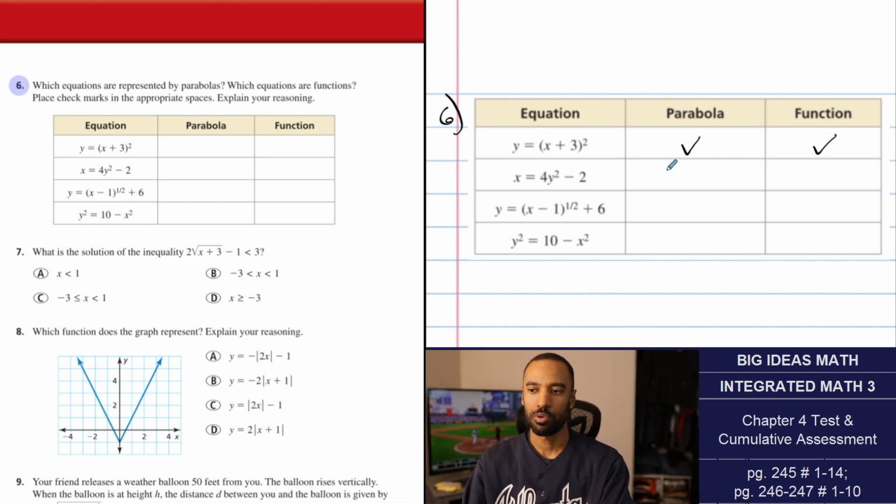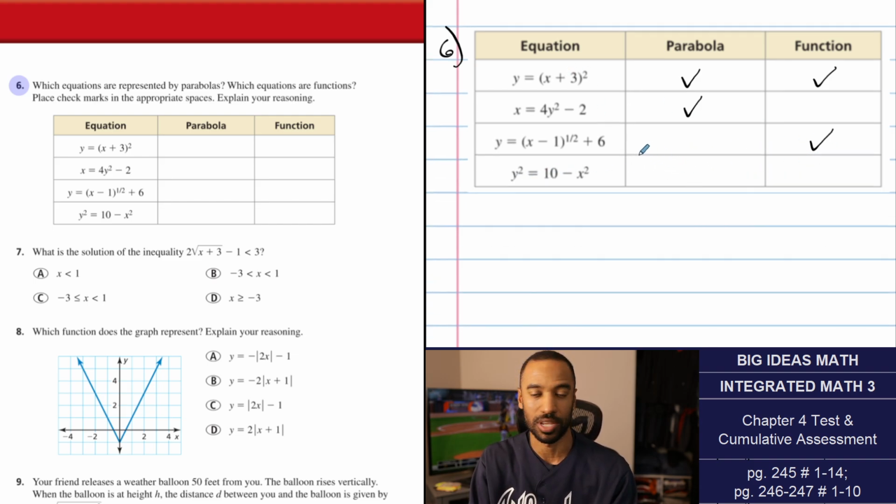X equals y squared will be a parabola, but it's a sideways one, so it will not be a function. This is a square root function, so it's not a full parabola by any means, but it is a function. It passes the vertical line test. And this is the equation of a circle. It's neither a parabola nor a function.